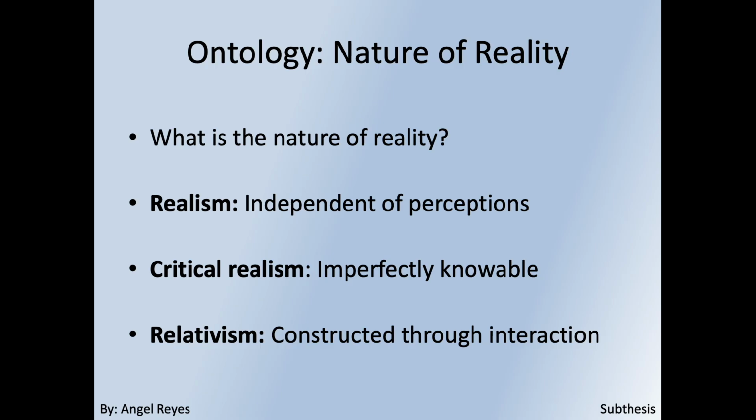Critical realism acknowledges an independent reality, but recognizes that it's imperfectly knowable through our limited human faculties. At the other end of the spectrum, relativism suggests that reality is constructed through human interaction, meaning that multiple realities can exist simultaneously, shaped by different cultural, historical, and social contexts.